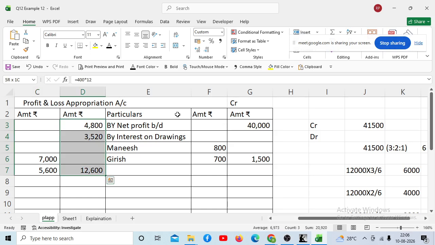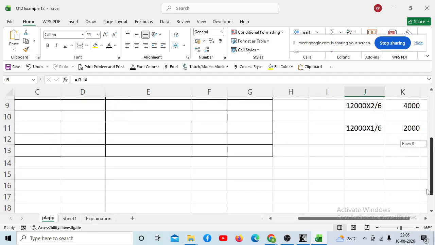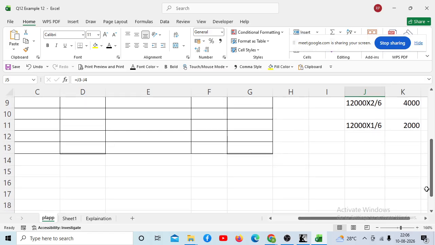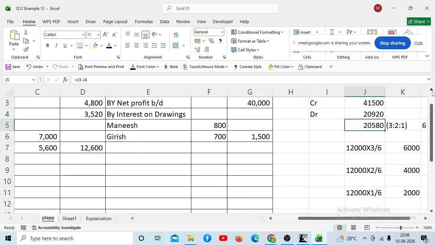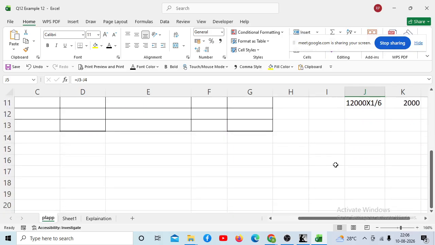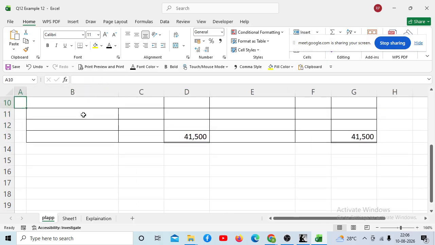Debit side total is 20,920. So which is the heavier total? The credit side. So write the heavier total on both sides, 41,500 here and here also. Now whatever is the difference, that will be the profit, right?